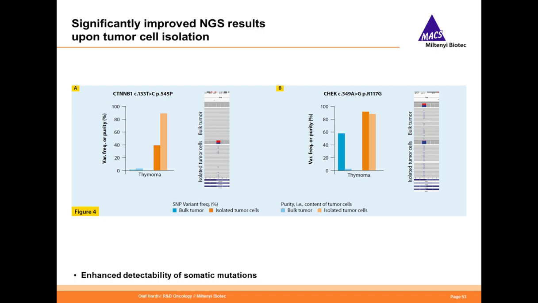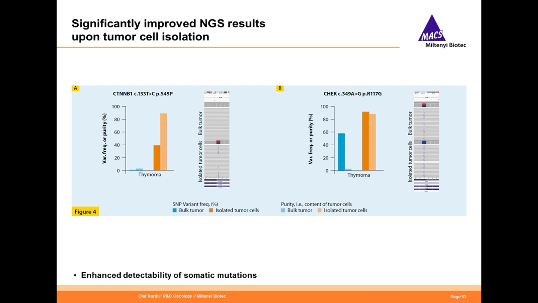And even more prominent, I think, is the example here in B, where by sequencing the bulk tumor, we saw, okay, there's a heterozygous loss of function in this tumor suppressor, the CHEK gene, but we knew that there was only less than 2% of tumor cells in the initial fraction.